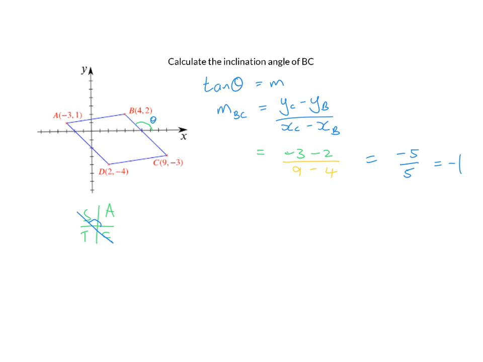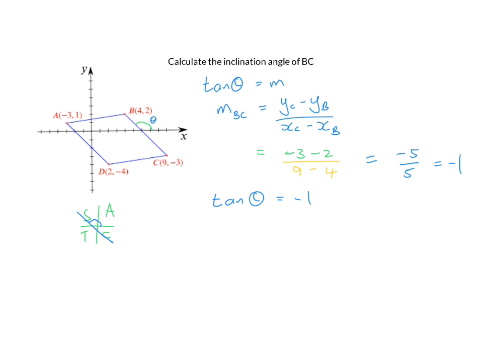So now, whenever you get a negative value here for your gradient, you need to remember that we now work with what we call a reference angle. So in your calculator, well, we can first write tan theta is equal to minus 1.